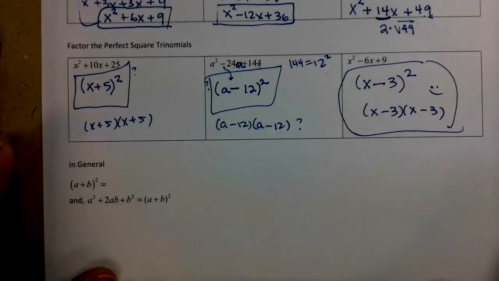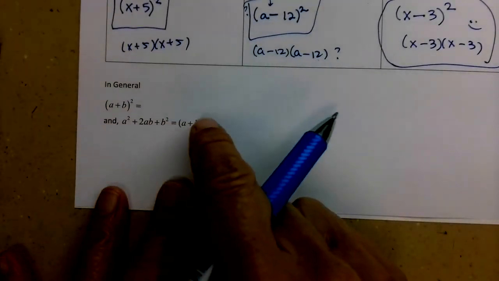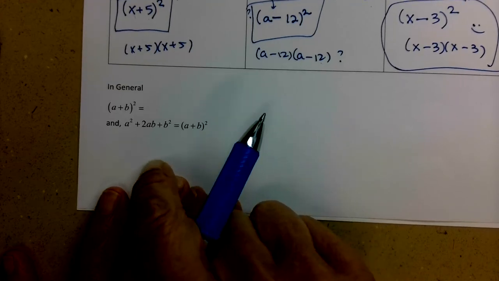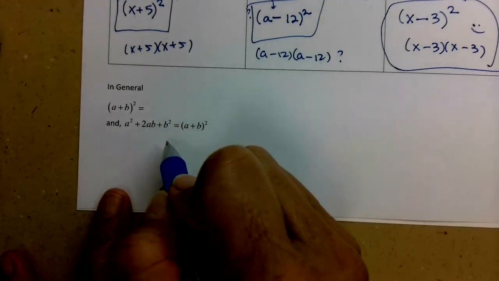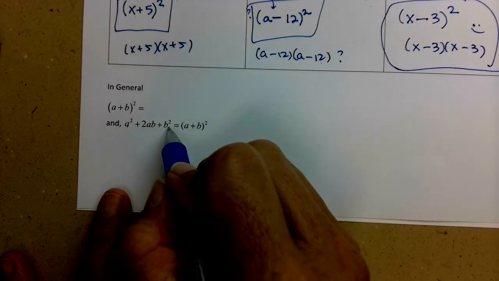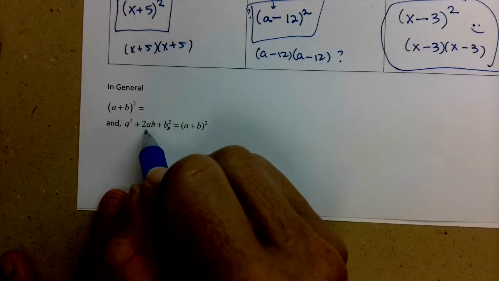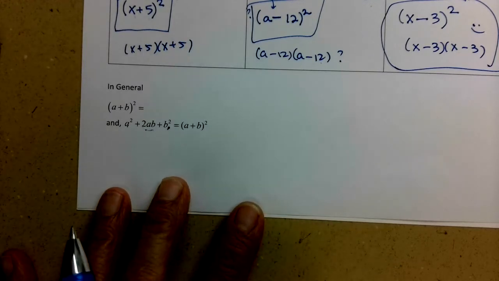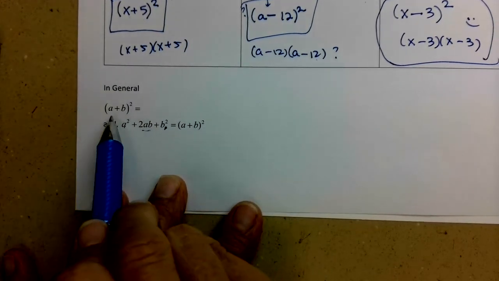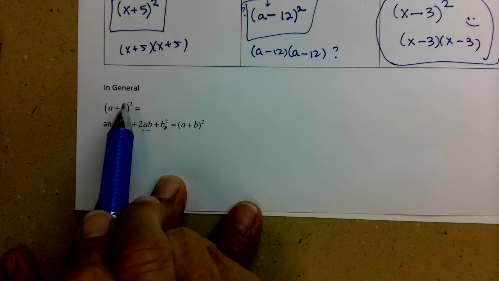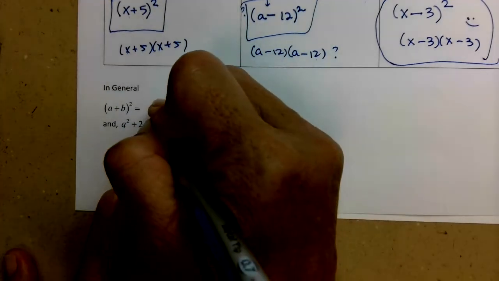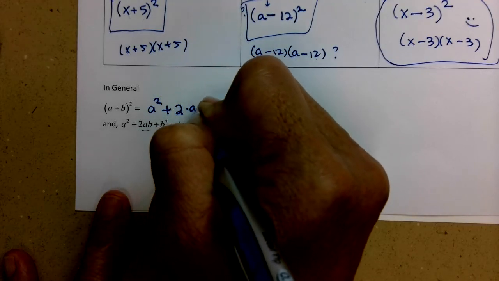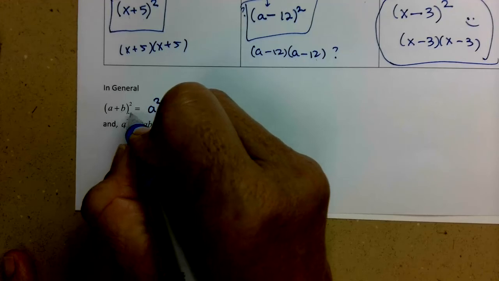Okay, so in general, for recognizing, well, it's kind of hard to recognize a perfect square trinomial. 3 terms, a positive something squared on the end, and then you just kind of want to check that middle term. Now, the thing that you might find really helpful, though, is if you have to square a binomial, what that pattern is: the first thing squared plus 2 times the 2 pieces on the inside.